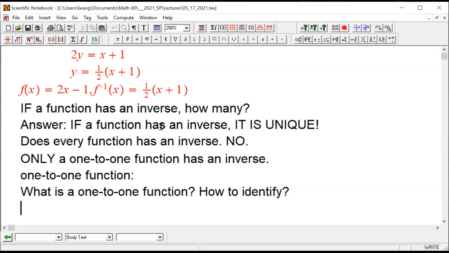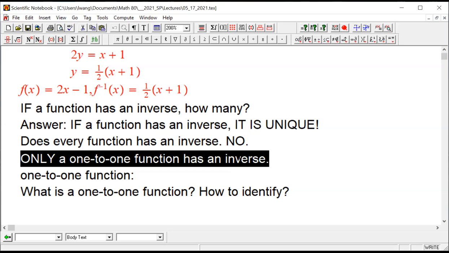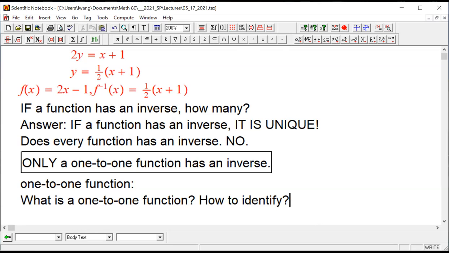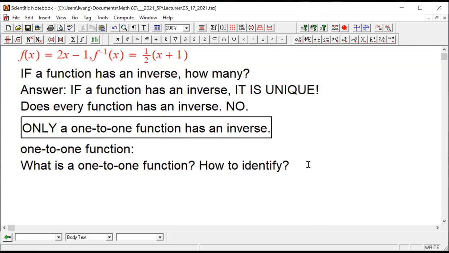If a function has an inverse, it will be unique. Does every function have an inverse? The answer is no. Some functions have an inverse, some don't. What kind of function has an inverse? Only the one-to-one function. And the question is, what is a one-to-one function? The definition of a one-to-one function is on page number 2 of the notes.